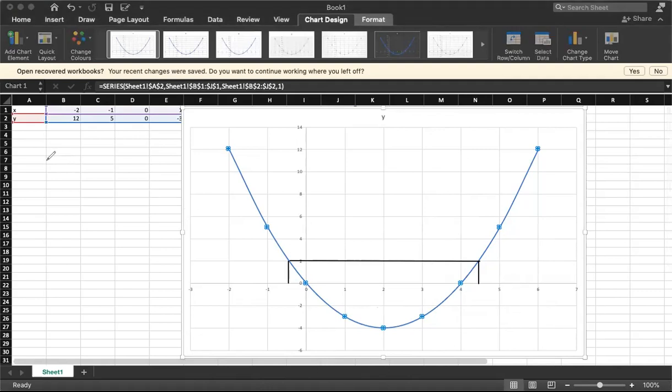So we're answering question C, right? C is saying, what are the values of x when x squared minus 4x is equal to 2? So the value of x is, what is this value right here? And what is this value right here?